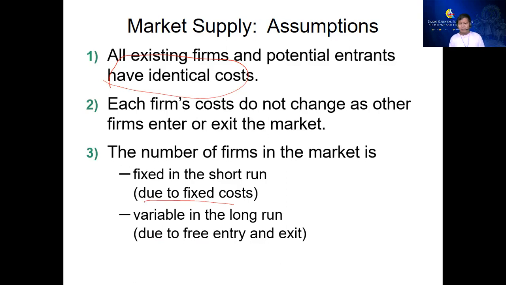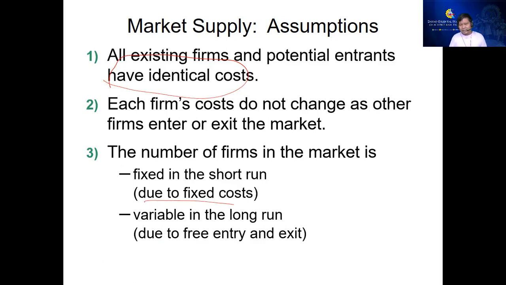So, ibig sabihin, the number of firms in the short run, ang gidaghanon sa mga kumpanya, in the long run, variable, pwede mo gamay, pwede mo daghan, because naay nangalugi, gawas. Naay nakakita nga, uy, ganansyado, sulod. So, ang number sa kumpanya, mo gamay, mo daghan, mo lihok, no? Mo gamay, mo daghan, in the long run.